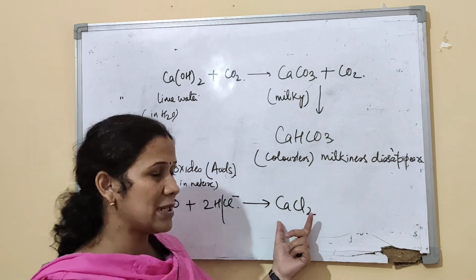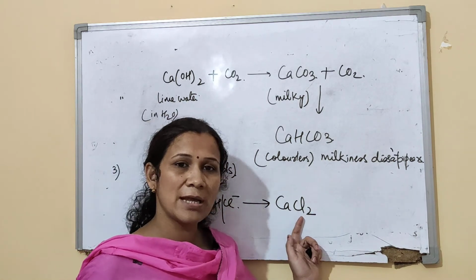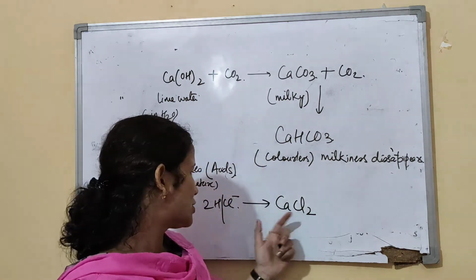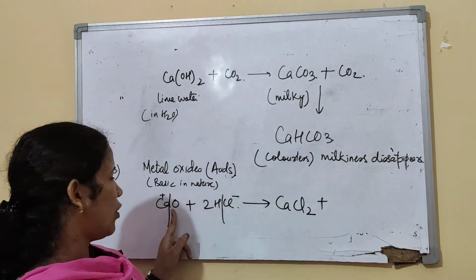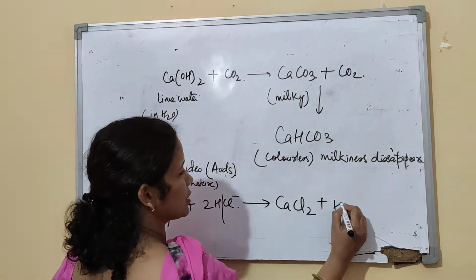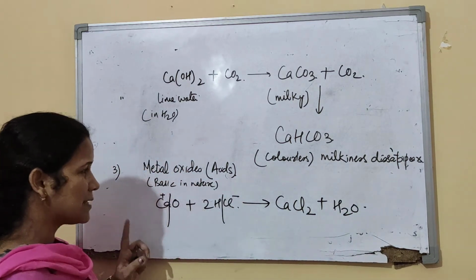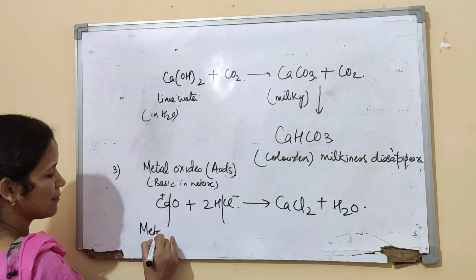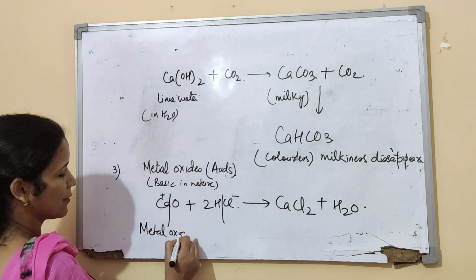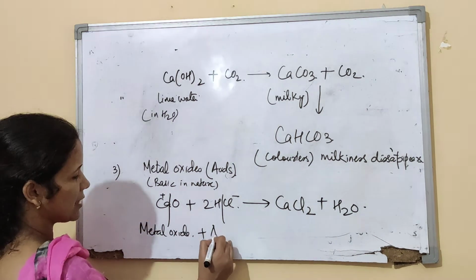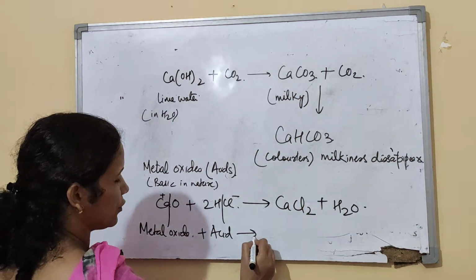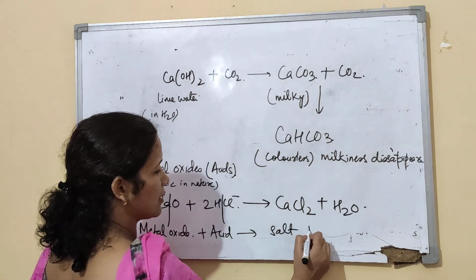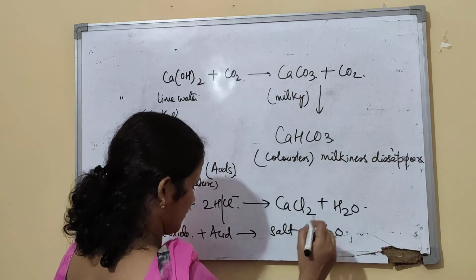Calcium has valency 2 and chloride has valency 1. So calcium chloride plus 1 oxygen and 2 hydrogen, H2O. That means as a general rule, any metal oxide will react with acid to give you salt and water.